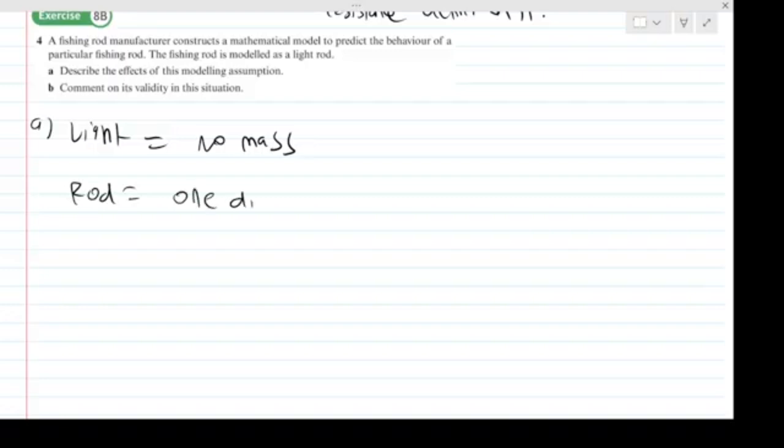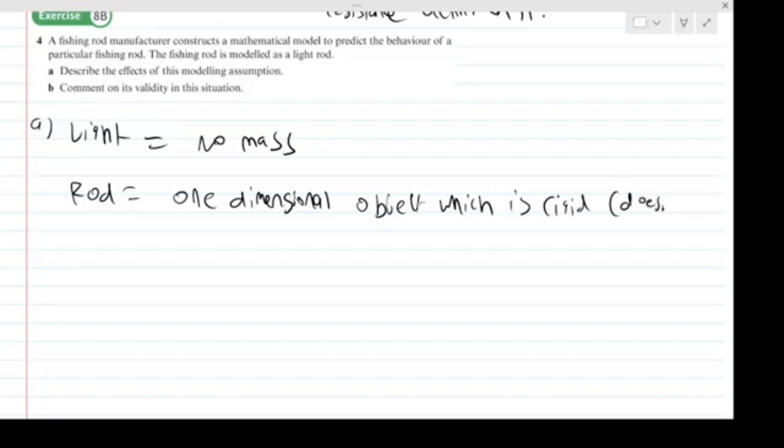It's a line, right? So it's a one-dimensional object, which is rigid, so does not bend.